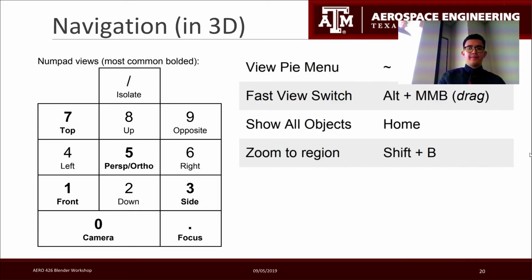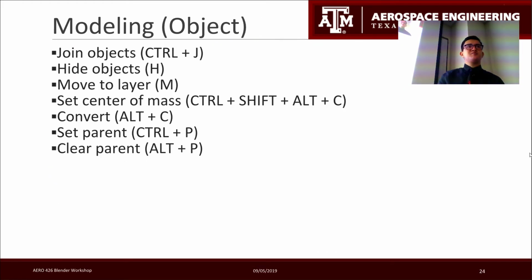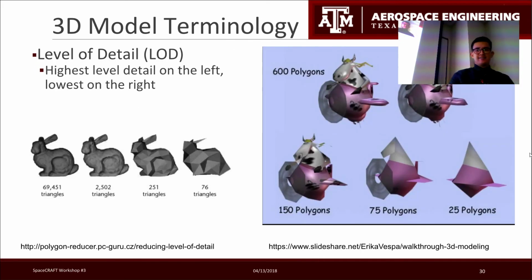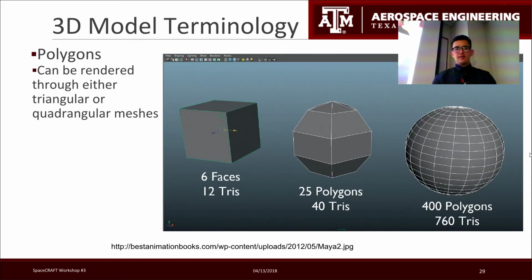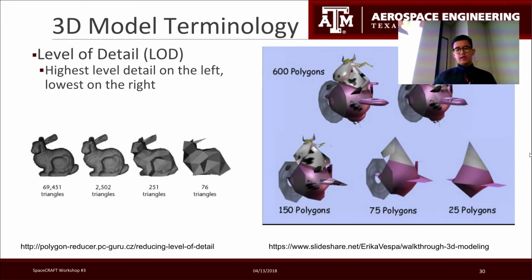Sorry if there's too many flashes. Okay. So I already talked about polygons earlier. So here's different polygons, and they can be split into triangles. It's pretty much any kind of basic shape like a square or something with edges connected together. Here's different levels of detail.